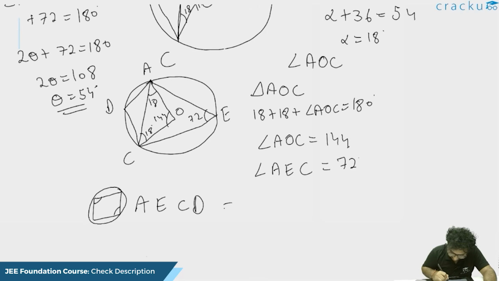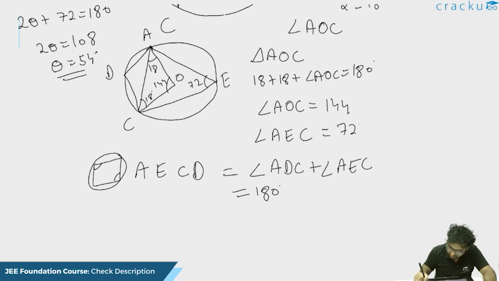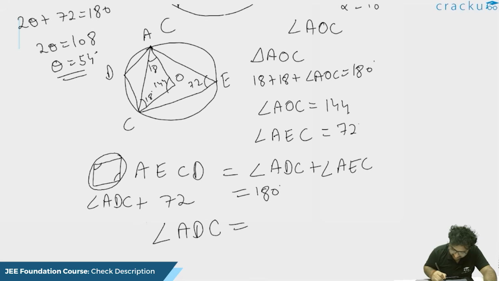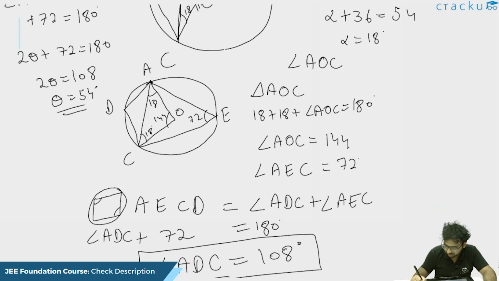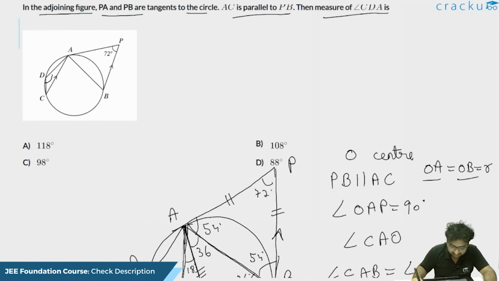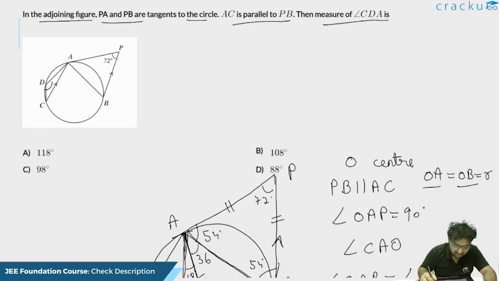So we can say that angle ADC plus angle AEC, and AEC is 72 degrees, is equal to 180 degrees. Therefore angle ADC is equal to 108 degrees. Hence what was asked was ADC, or CDA, which is equal to 108 degrees. Hence option B is the correct answer.